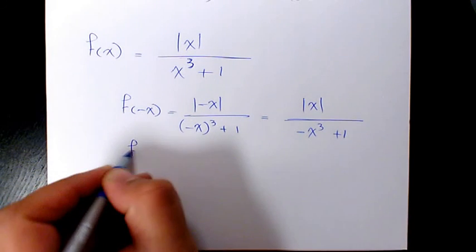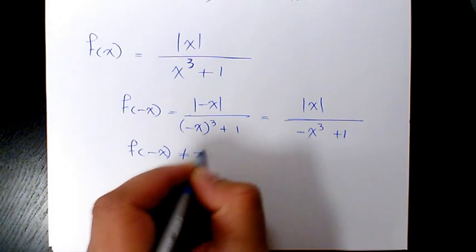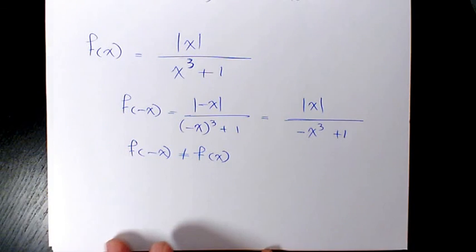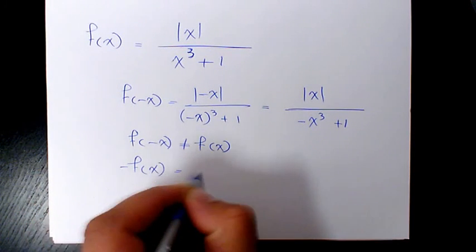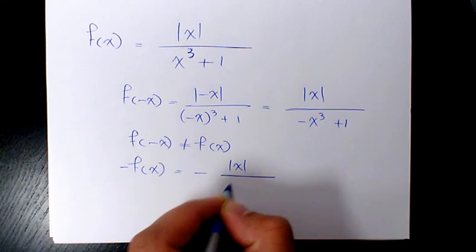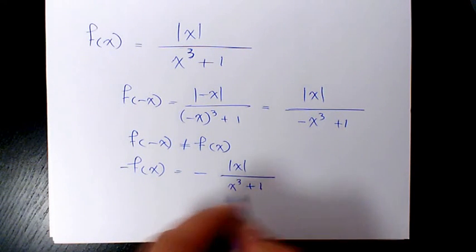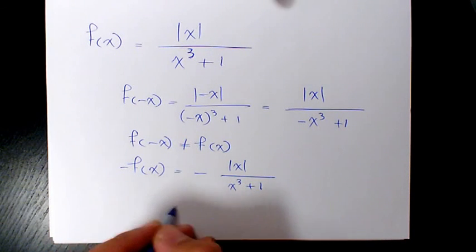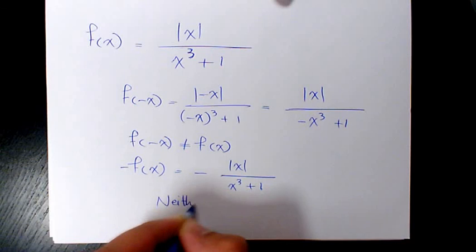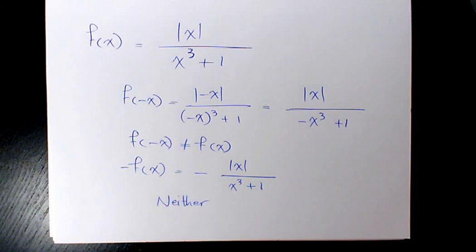So f of negative x is not equal to f of x, so that's not an even function. Negative f of x equals negative absolute value of x over x cubed plus 1. So that's not going to be equal to f of negative x either, so we're going to say neither of them. So these are some examples related to even functions and odd functions.